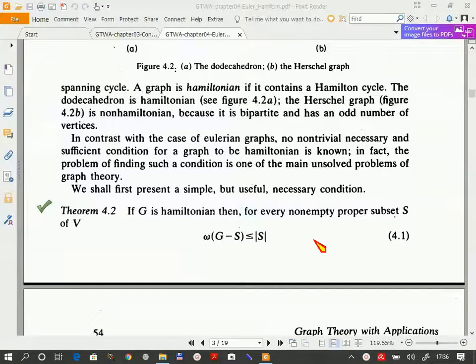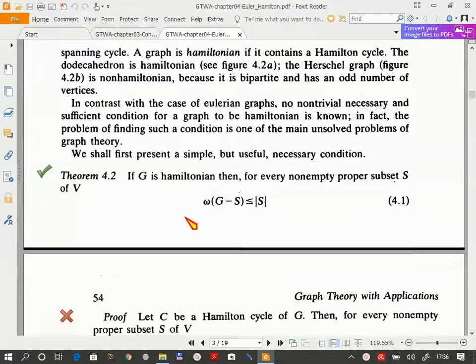If G is Hamiltonian, meaning a Hamilton cycle exists, then for every non-empty proper subset S of V, the number of components of G minus S, omega of G minus S, that is the number of components of G once you have taken away the subset S of vertices and all incident edges, is less than or equal to the number of elements in S itself. Okay?